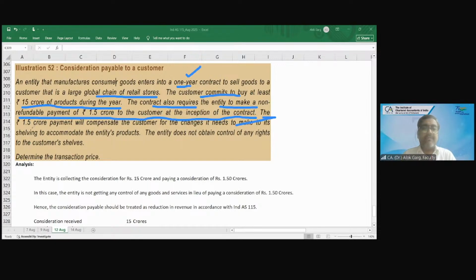The 1.5 crore payment will compensate the customer for the changes it needs to make to its shelving to accommodate the entity's products. So friends, this entity wants to sell its product to this global chain of retail stores. This entity is in the business of manufacturing shampoos, and their shampoo bottles are very big, large bottles.